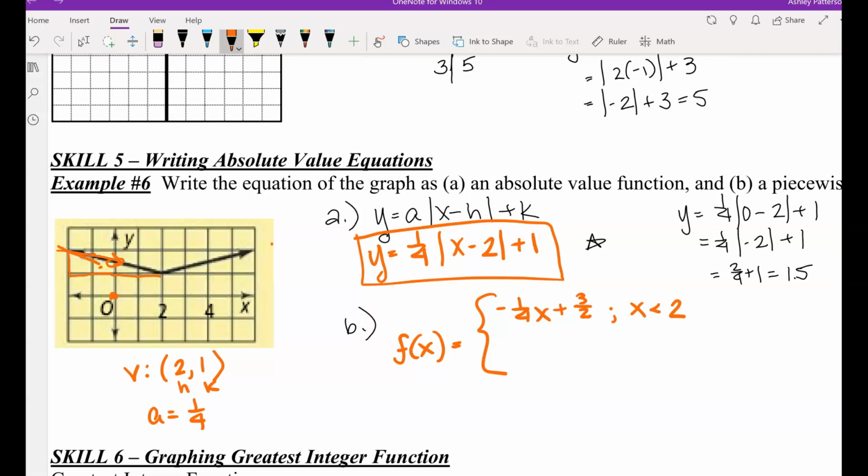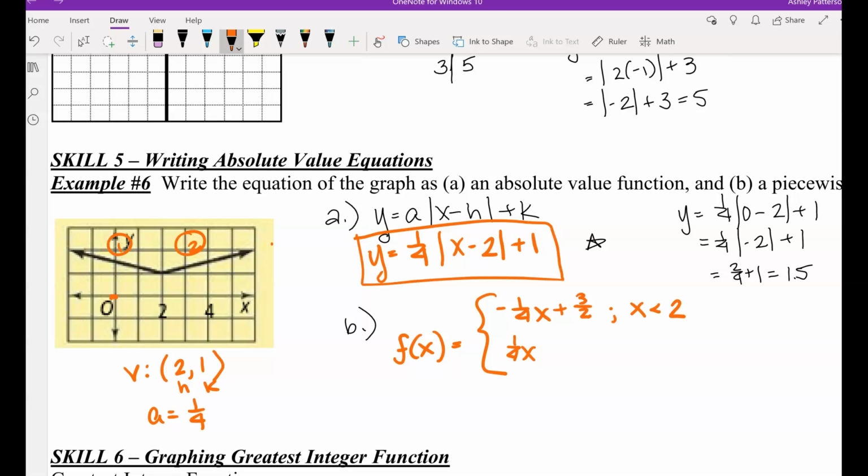Now, you could absolutely put less than or equal to. It really doesn't matter. What matters is that one of them is open and one of them is closed. Why? Because it's a function and we can't have two closed points on top of each other. Then it would not be a function anymore. All right, for this one, the right piece, we know that it is a positive 1/4 x for the positive 1/4 slope because it is going up 1 and over to the right 4 units.